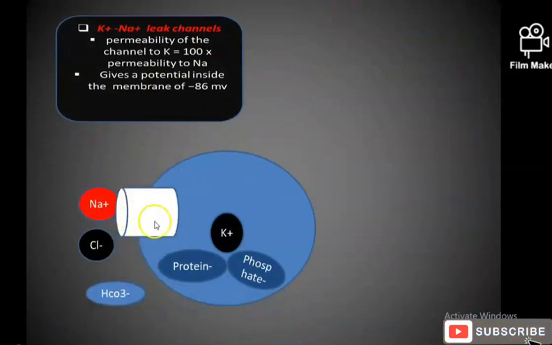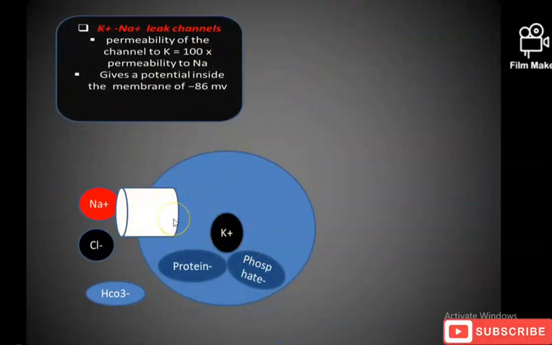The sodium potassium leak channel moves sodium and potassium from the region of high concentration to the region of low concentration. So it moves potassium from the inside to the outside, and it also moves sodium from the outside to the inside. But the permeability for potassium is 100 times the permeability for sodium. So it moves more potassium from the inside to the outside and only a small amount of sodium from the outside to the inside.